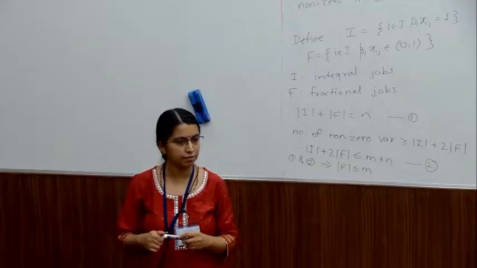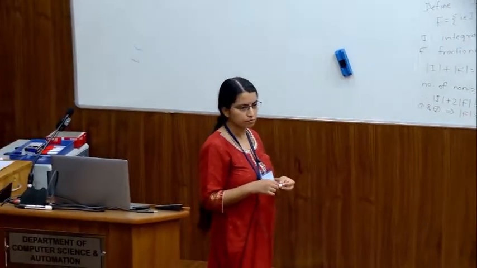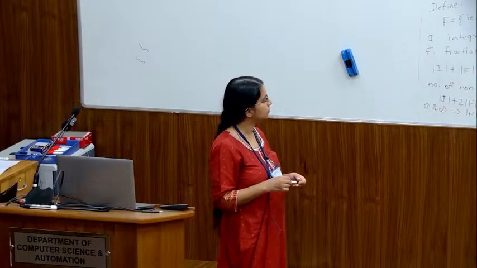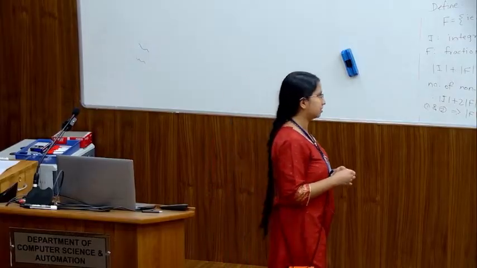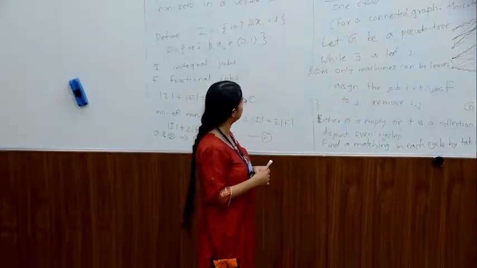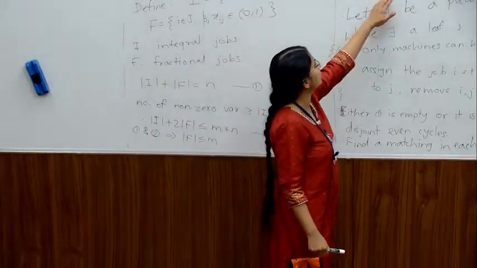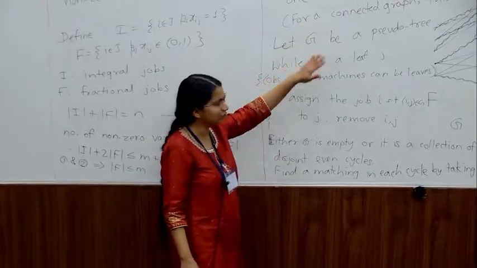So a pseudo tree with the following constraints: it's a bipartite graph and only the leaves are on one side. Yes. These are the additional constraints. Yes. Okay. What is the relation between the number of vertices and the number of edges for a pseudo tree?